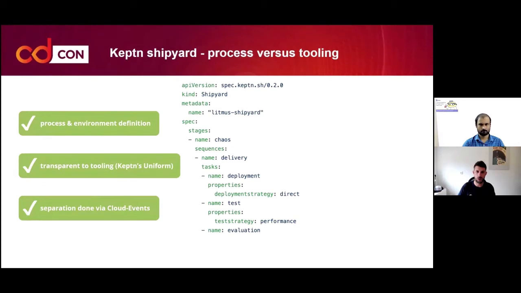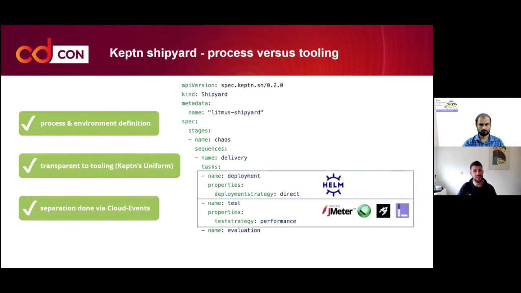So for deployment, for example, we do have integration with Helm, so we can use Helm as our tool for deployment, but we could also use others like Argo CD or other deployment tools that you might be using. For testing, we do have a couple of integrations like JMeter, Locust, Artillery, and also Litmus. So these are all testing integrations that would react whenever Keptn is triggering a test.